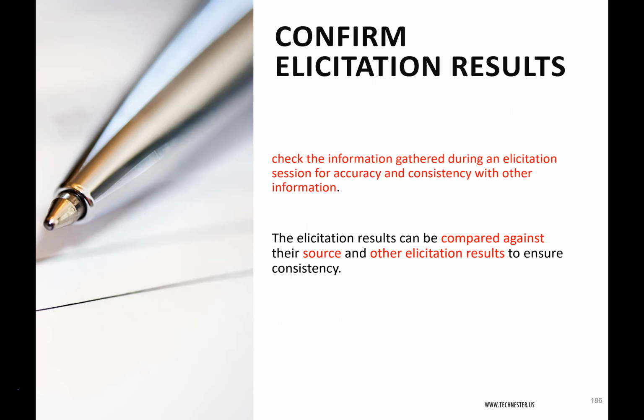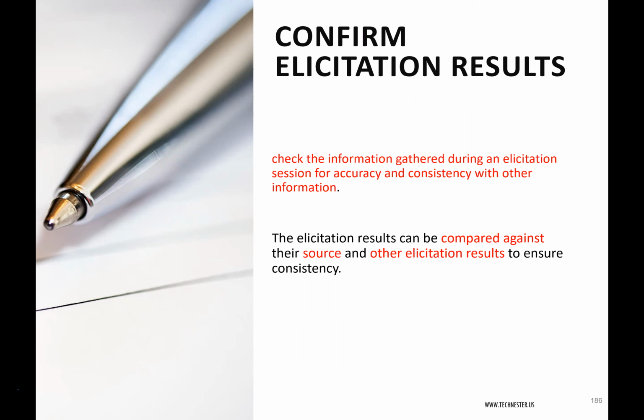After you have elicited requirements, the next step is to confirm the results of your elicitation. You have collected requirements from stakeholders, and you need to confirm them. Confirming elicitation results means checking the information gathered during an elicitation session for accuracy and consistency with other information.